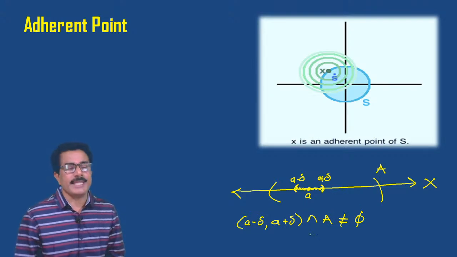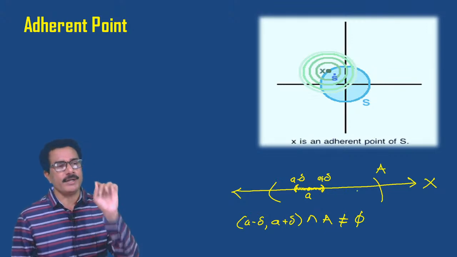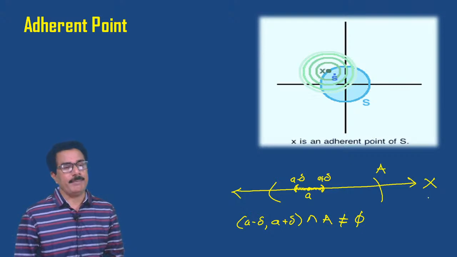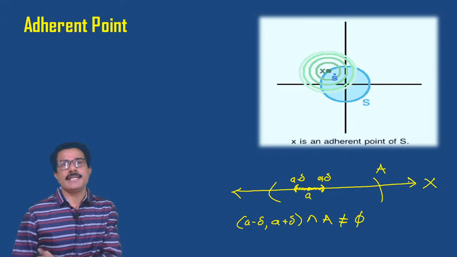Then we can say that a is the adherent point of a set capital A of set capital X. Suppose capital X is any set.